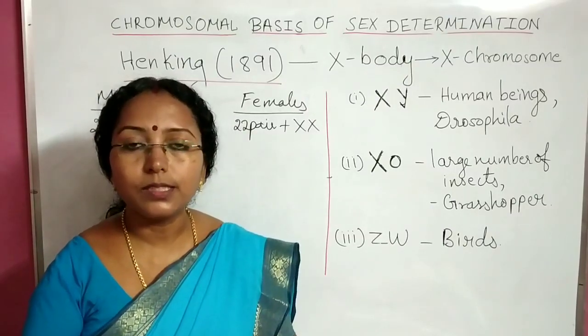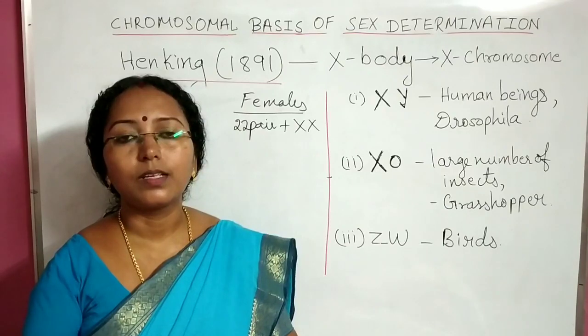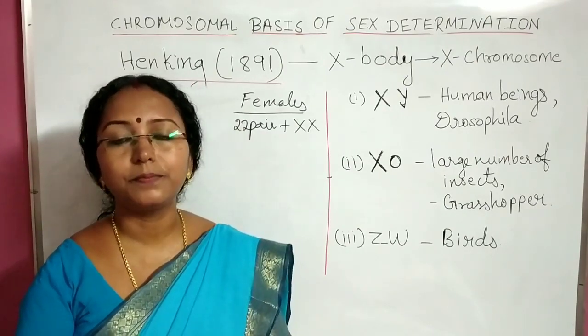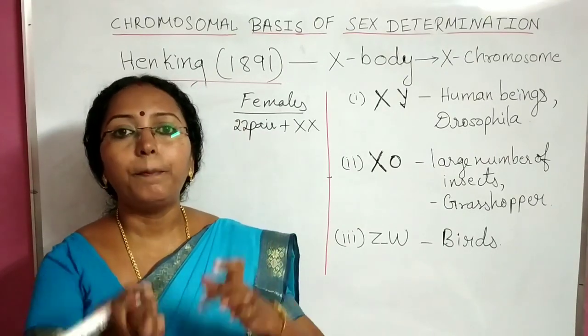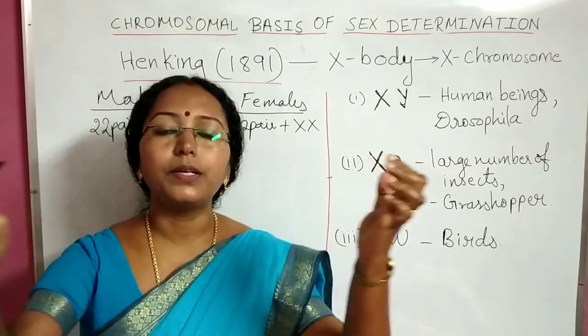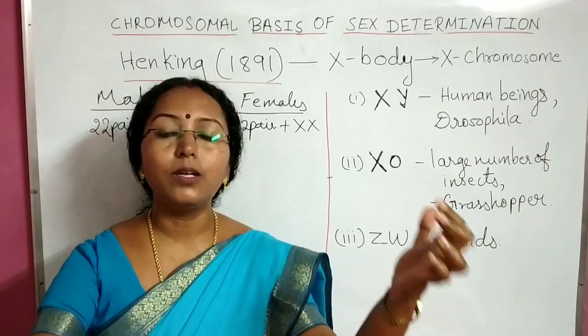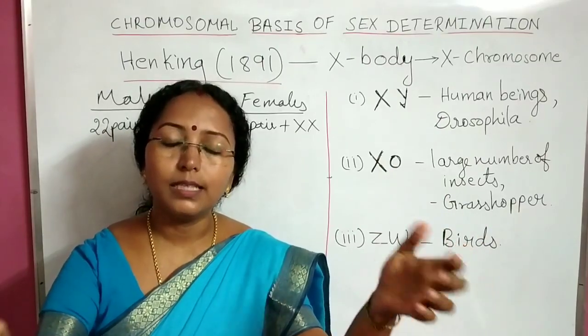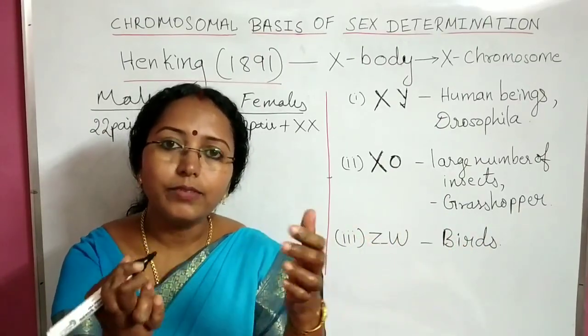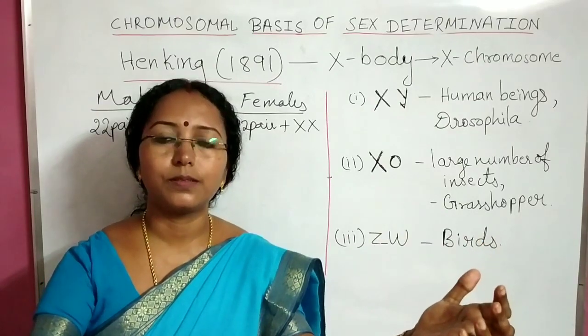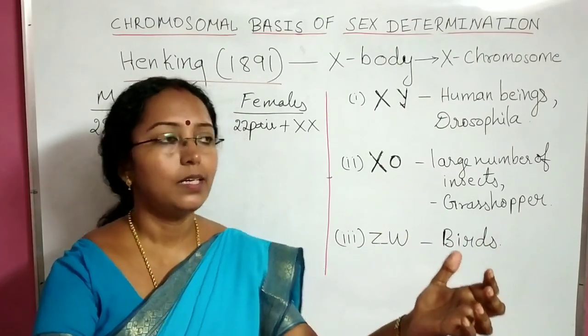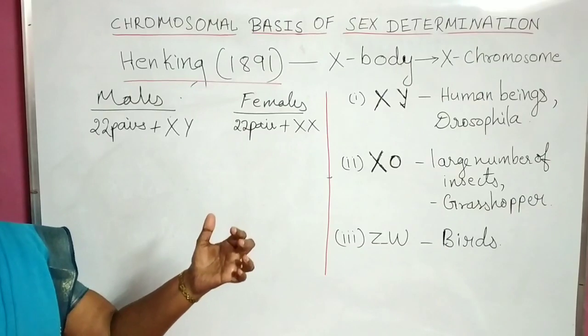So during gamete formation, the pairs separate out into different cells. So gametes will not have the pairs. Instead, gametes will have the separated chromosomes.